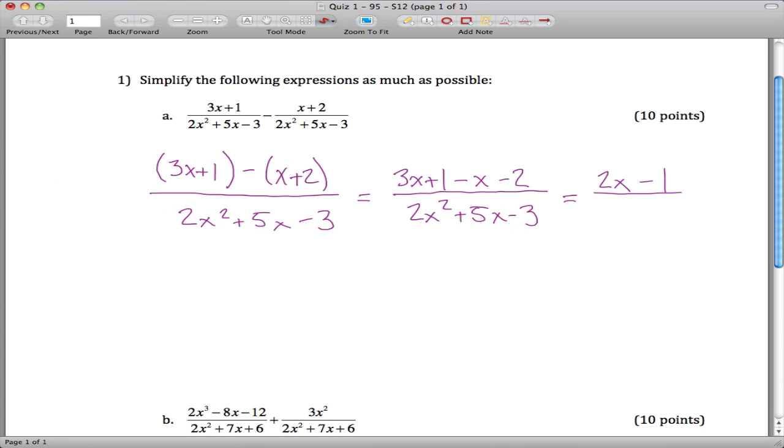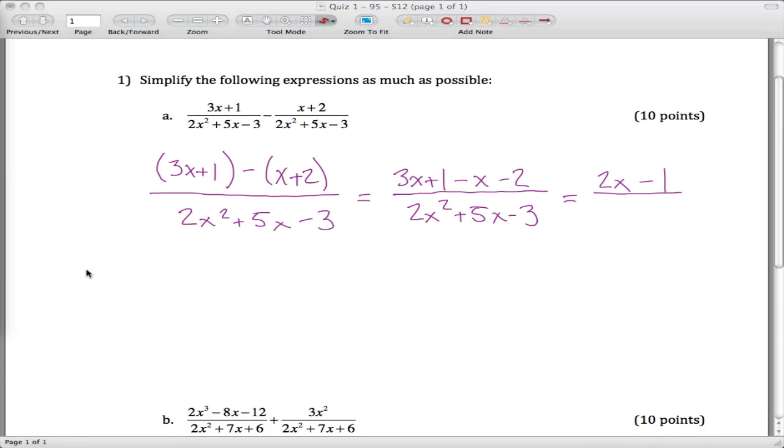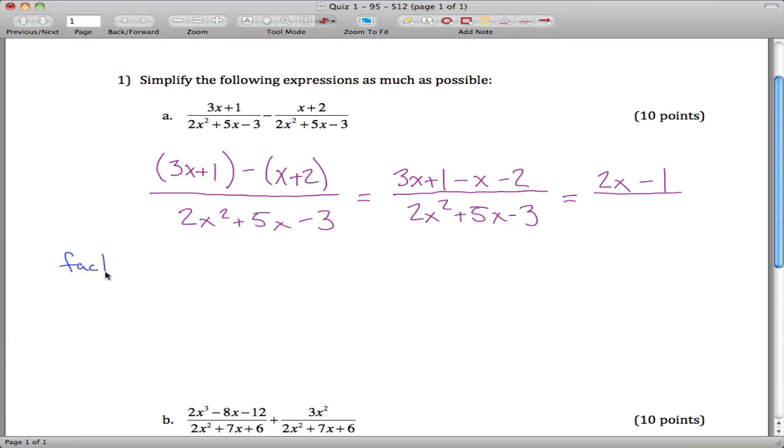And in the denominator here, maybe I'll do this off to the side. We want to factor 2x squared plus 5x minus 3. This is a second degree polynomial with 3 terms whose leading coefficient is not 1. So these are the trickier ones.